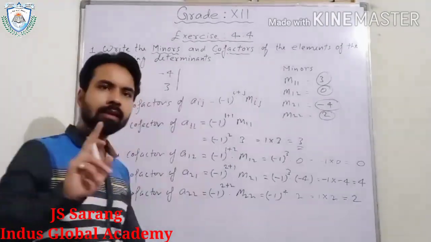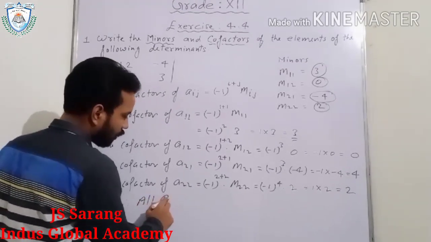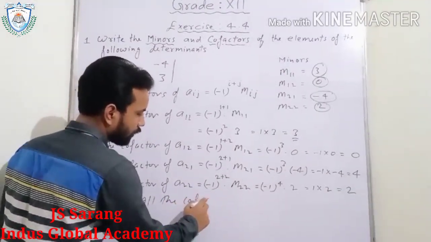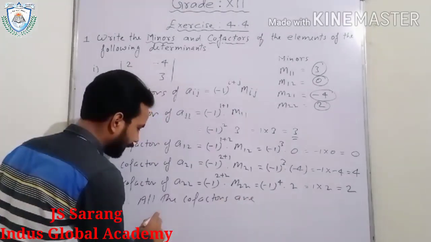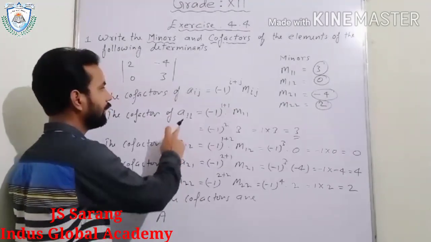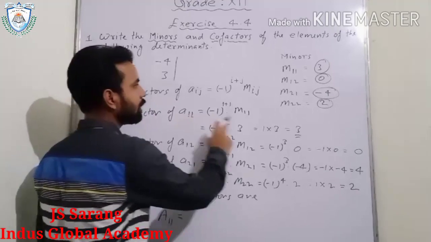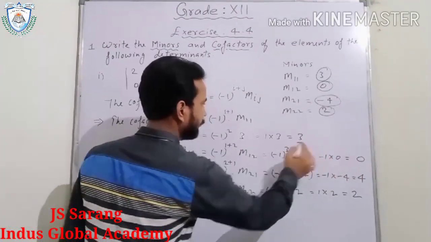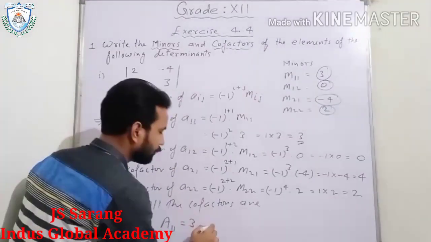Now the cofactors are denoted as capital Aij. Hence, all the cofactors are: first cofactor is denoted as capital Aij, i is 1 and j is 1. So A11. So A11 is how much? That is 3. Second cofactor is capital A12.